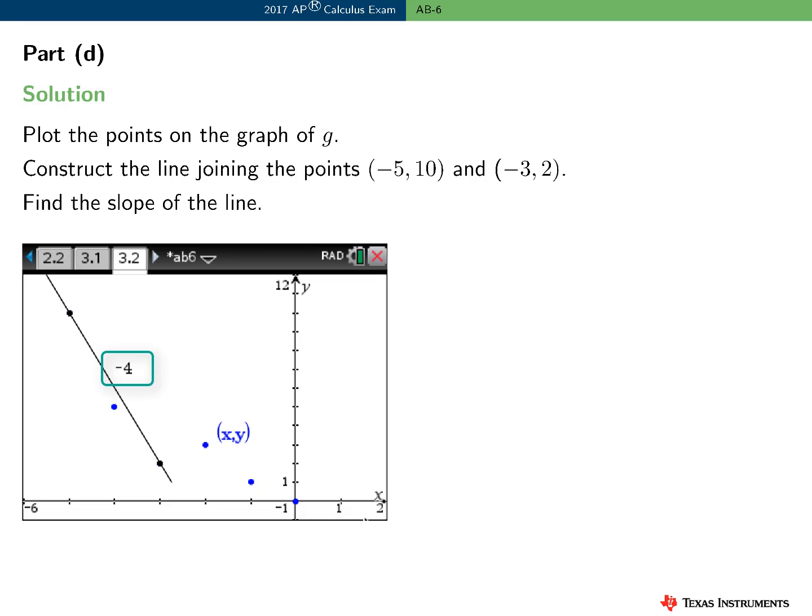And then I used technology to find the slope of the line connecting those 2 points. Now, I still need to use some theory here, the mean value theorem, in order to answer this question. But this graph at least provides some context and a visualization of the quotient, and it might help to suggest the use of the mean value theorem to answer the question.